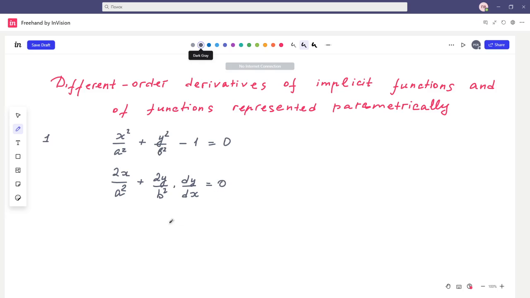From this we get dy over dx is minus b squared x over a squared y. The first equation we denote by number 1 and this number 2.